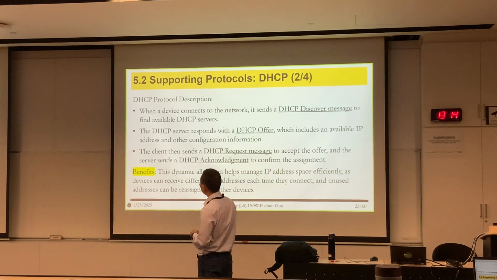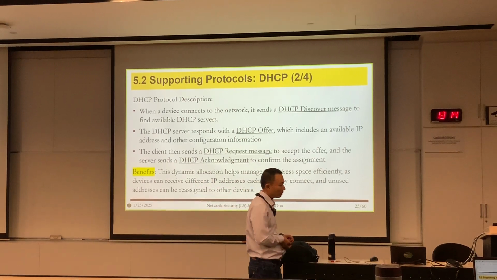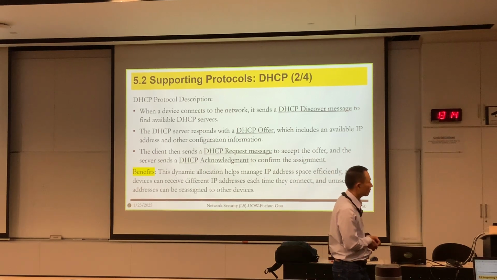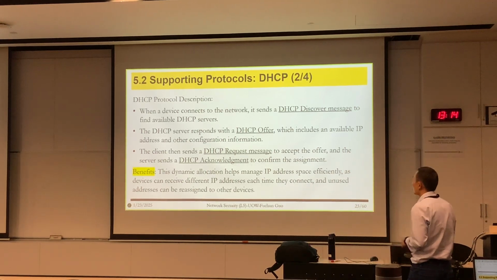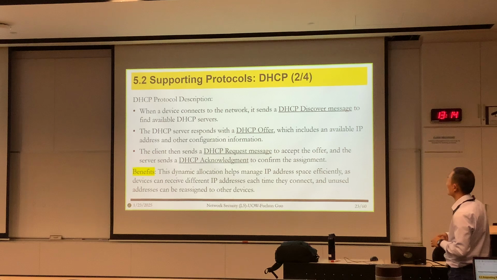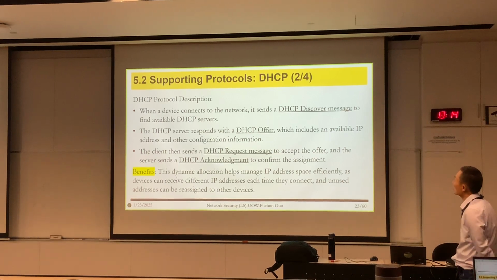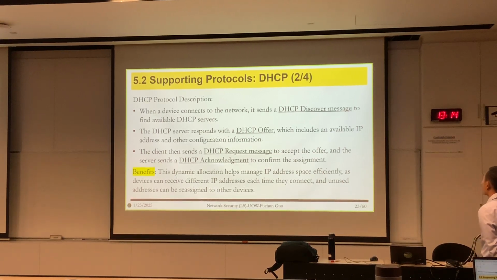It just broadcasts this message to anyone who can receive it. Because the server is also monitoring for this kind of message, the server will respond after receiving the discover message. The server will respond with an offer.